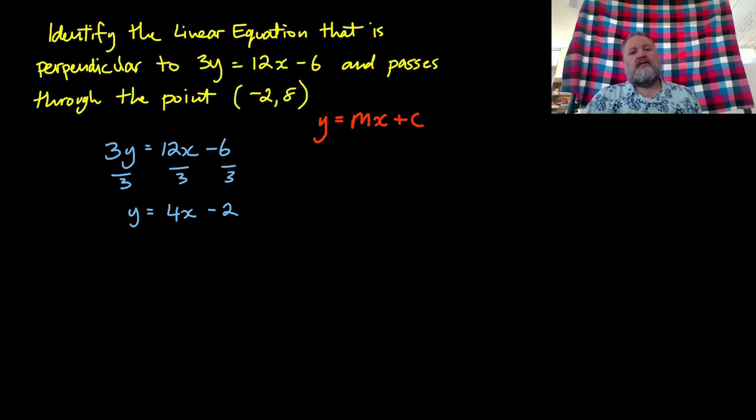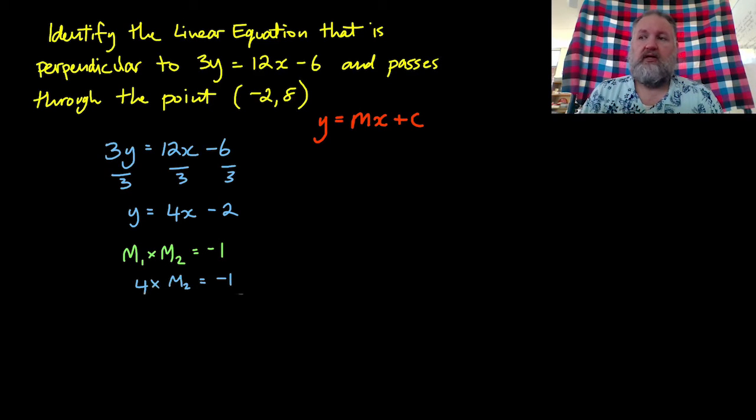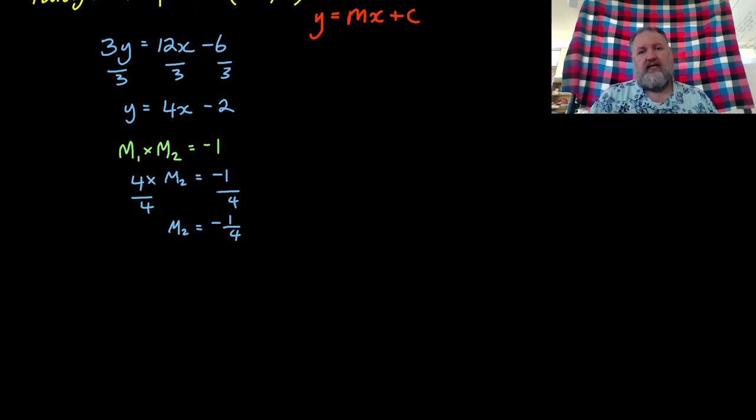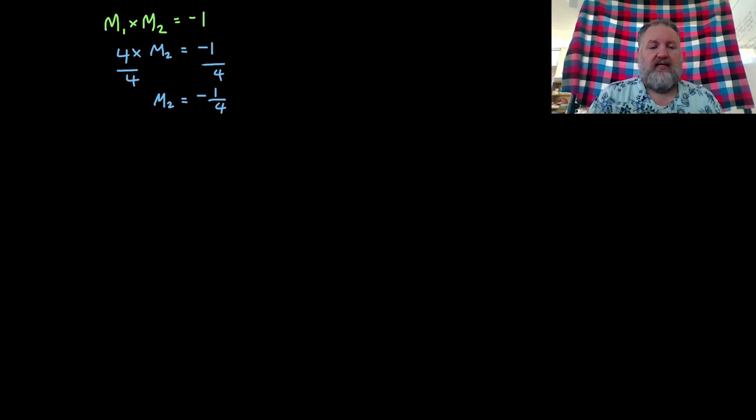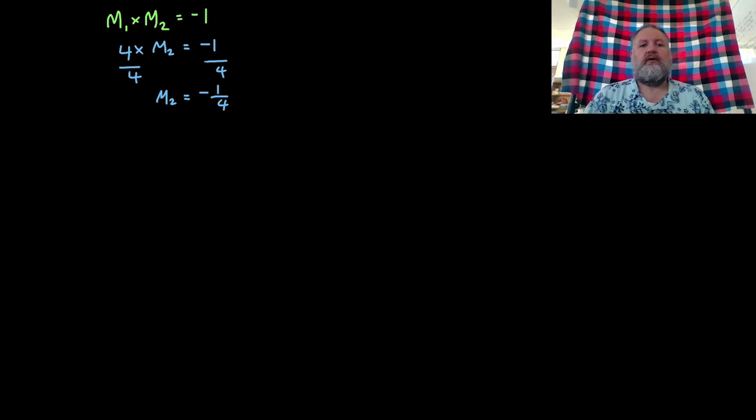So we can do what we did just before. We can identify the gradient of that other perpendicular line. We substitute in our line gradient of 4, and we figure out that the second gradient needs to be negative 1 over 4. It's all going fine so far. Now this is where we need to do a little bit more work.